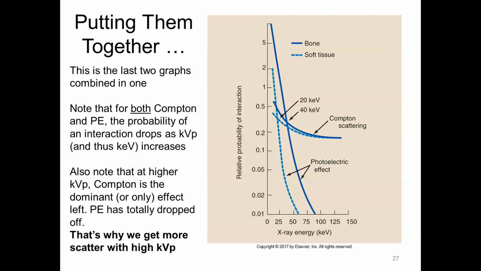That doesn't mean that it drops the number of scatter photons that are hitting your detector. It's just that what's left over is not going to be absorbed. It's either going to scatter or it's going to transmit. So at high kVp levels, you end up with more scatter on your image because Compton becomes the dominant interaction.